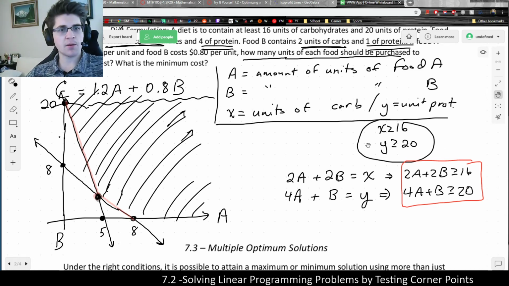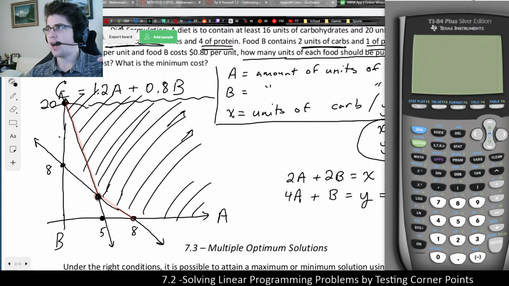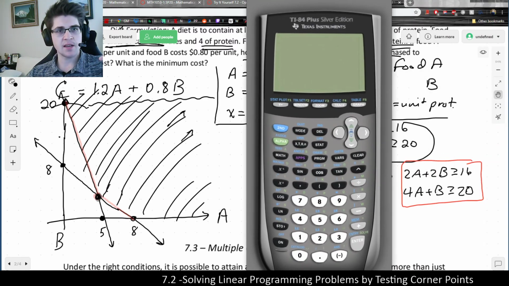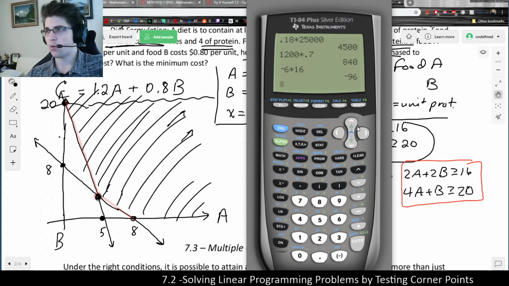And well, we talked about various different ways of doing this, like you could just use your calculator. But let's go ahead and use our chapter 6 theory to solve this. So we could type this in as a matrix and use the RREF, the reduced row echelon form, to find where the overlapping point is and basically get that corner point algebraically.